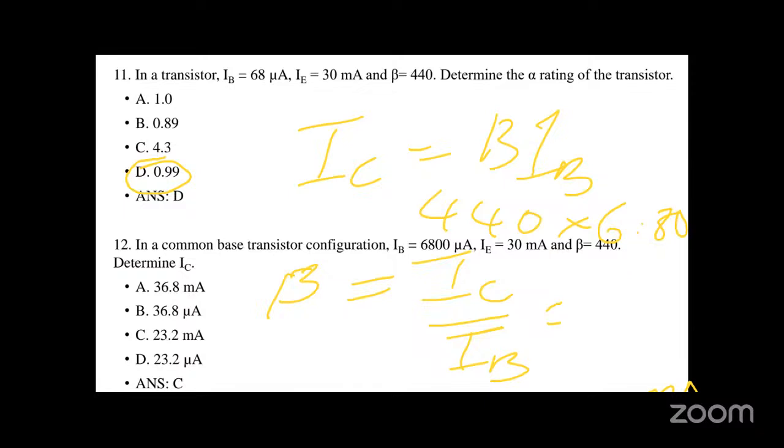Let me use the calculator. 440 times 6.8.